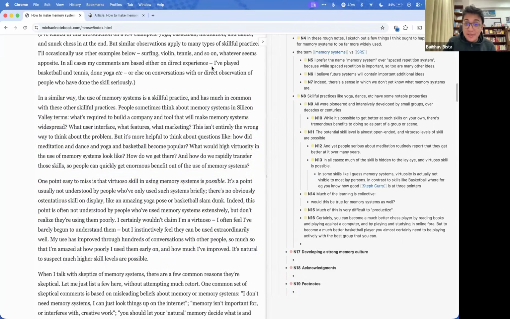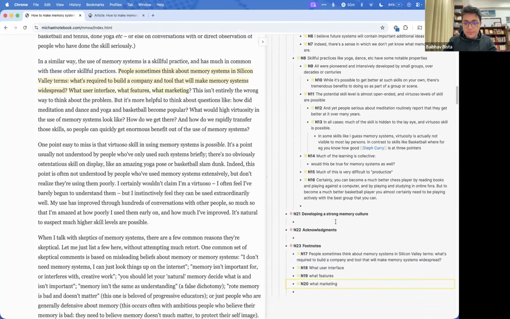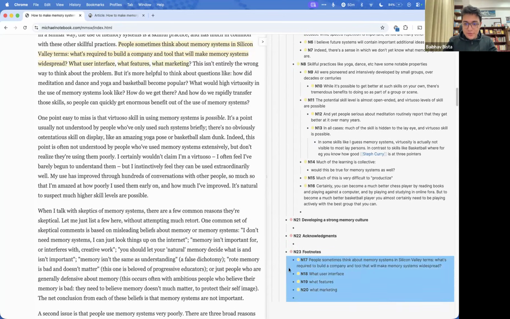But in many cases, I find it better to break things down. So this might be one highlight, right? And what user interface, what features, what marketing. If I wanted to go really granular, all of these could be their own stuff. And I could nest that underneath this one, right?